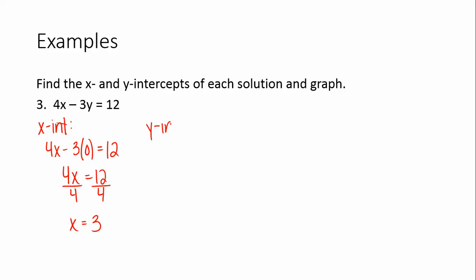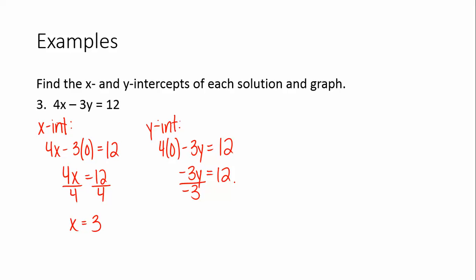Same thing for the y-intercept, except now we're plugging in 0 for x. So it's 4 times 0 minus 3y equals 12. Again, this term is going to cancel. 4 times 0 is 0, so it goes away. We have -3y equals 12.